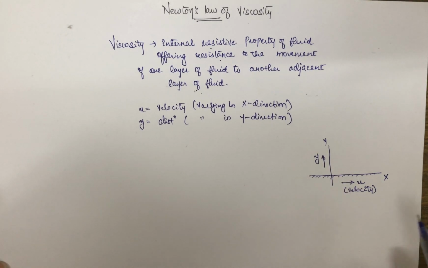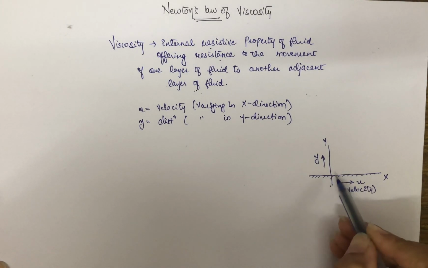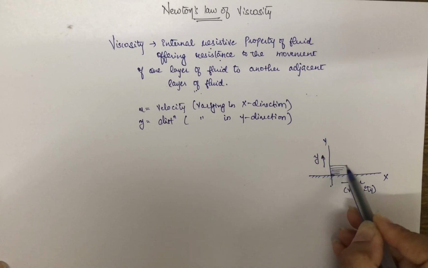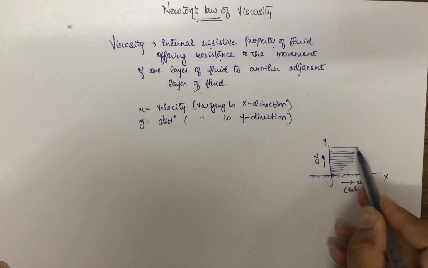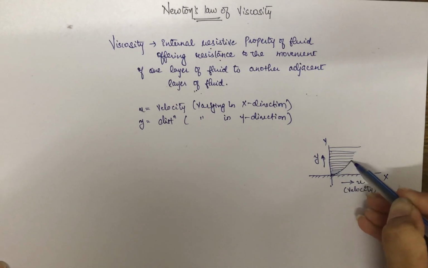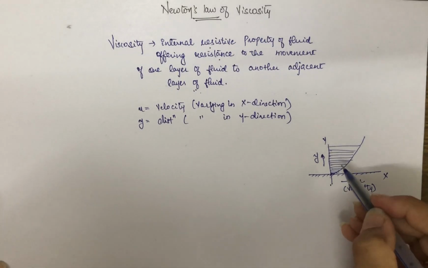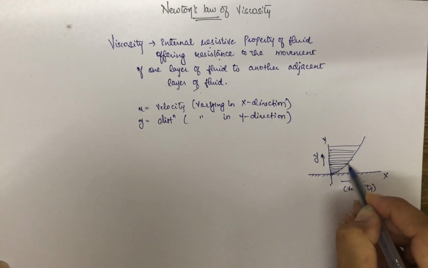If this is the section, at this point the velocity of the fluid will be 0, but as we move away from the surface of the boundary, the velocity will keep on increasing. Here I am assuming two layers of fluid.